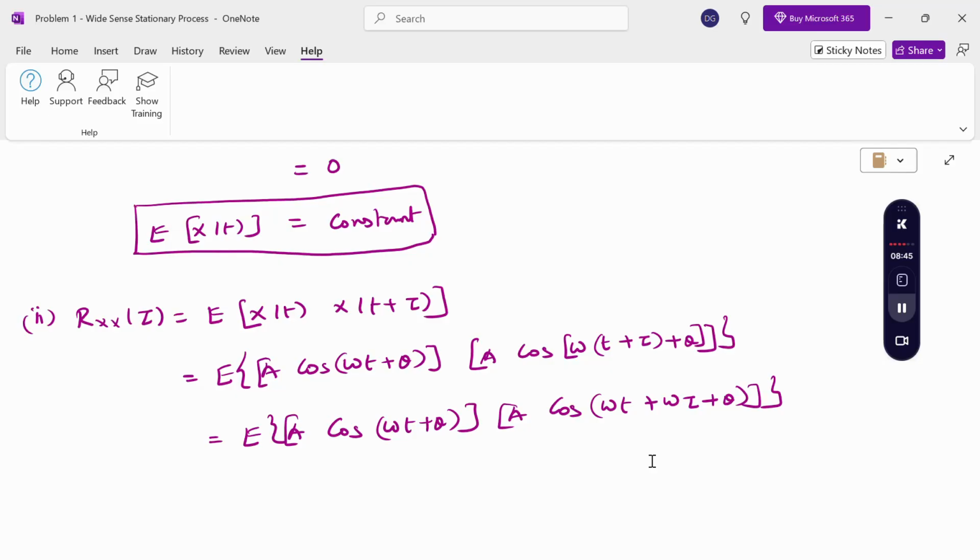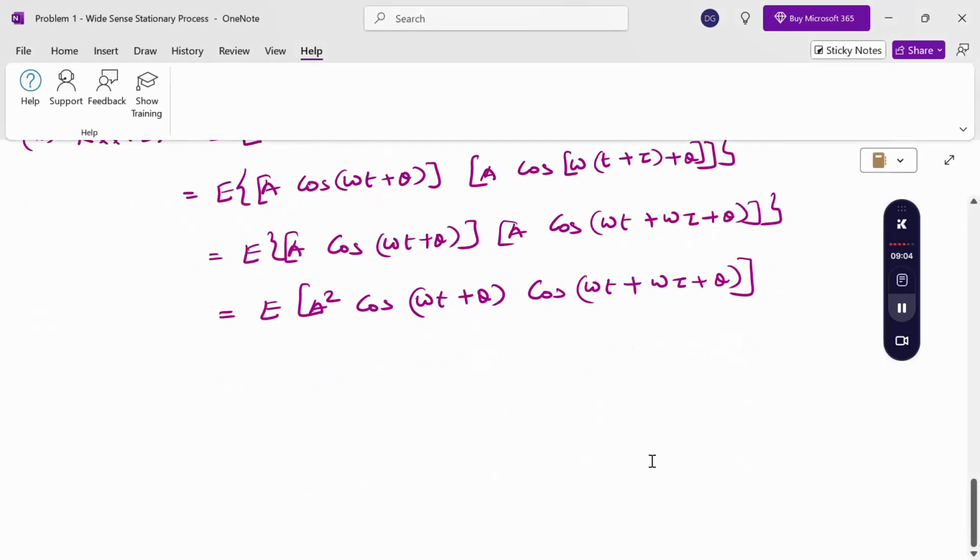Now, to multiply this term, the expectation of A squared cos(ωt + θ) cos(ωt + ωτ + θ).